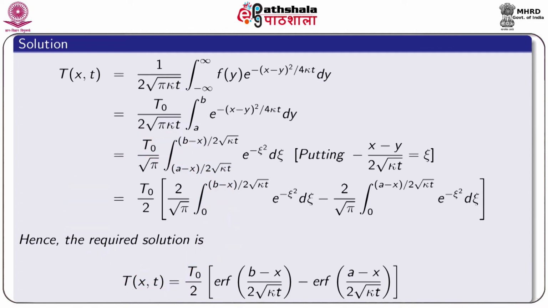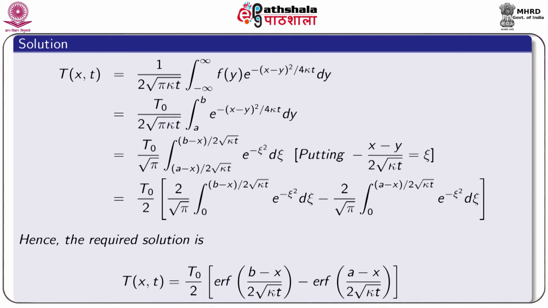So, this is T0 by square root pi, integral from 0 to (b minus x) by 2 square root kappa t of e to the power minus xi square d xi, minus the integral from 0 to (a minus x) by 2 square root kappa t of e to the power minus xi square d xi, and this function is known as the error function.